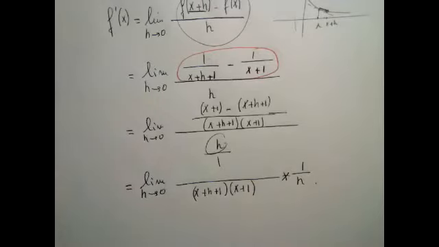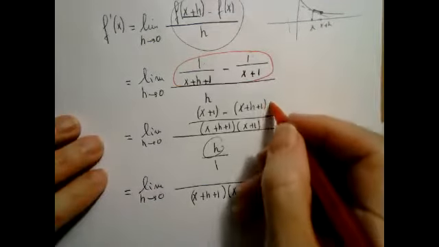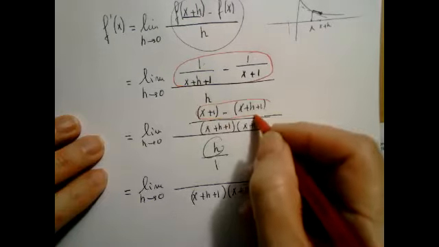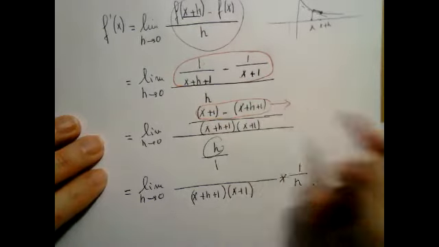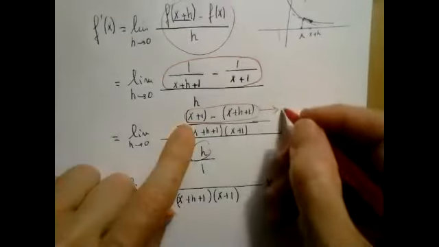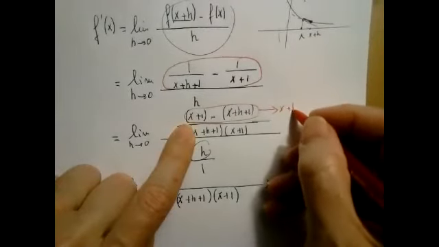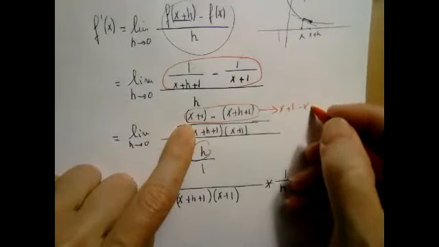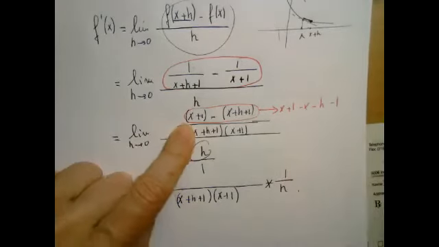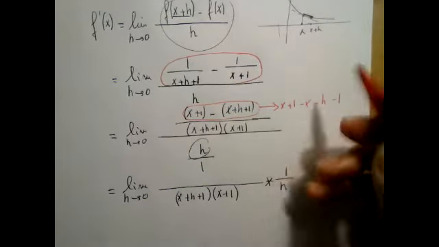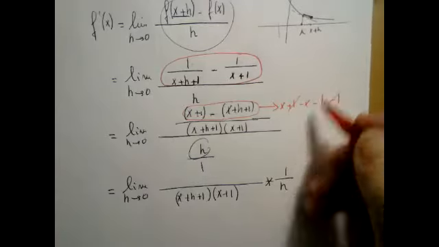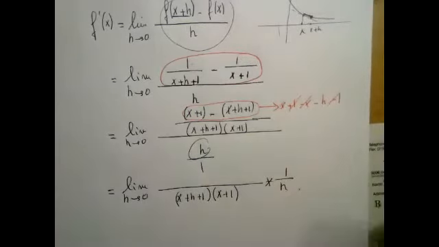Okay. And now let us deal a little bit with this piece here. Let's see what this piece is. It's x plus 1, and I distribute the minus: x minus h minus 1. So the numerator becomes plus x, minus x, and minus h.